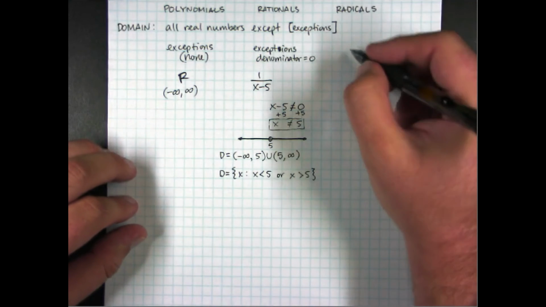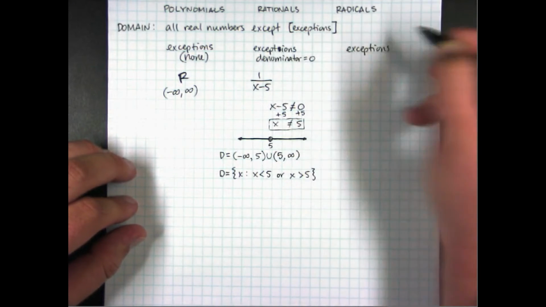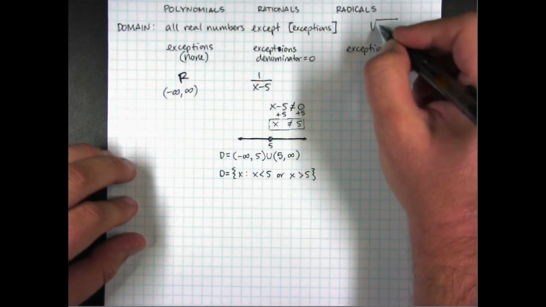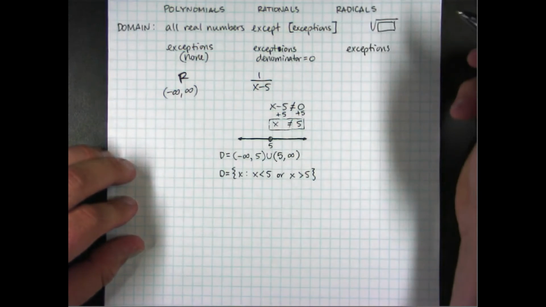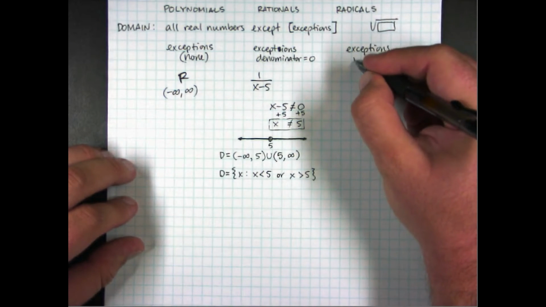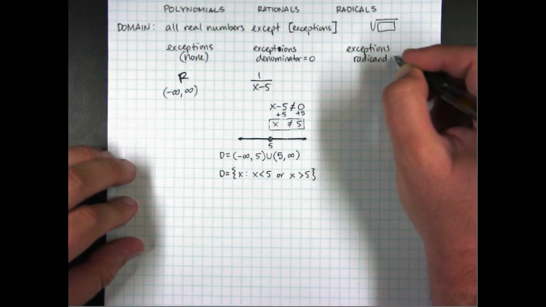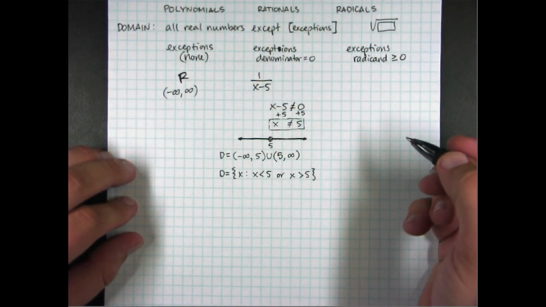Radicals. What are the exceptions for radicals? Well, if you have a radical expression, what can't go inside a radical expression? If we're dealing with real numbers, then the radicand has to be greater than or equal to 0. It cannot be less than 0.